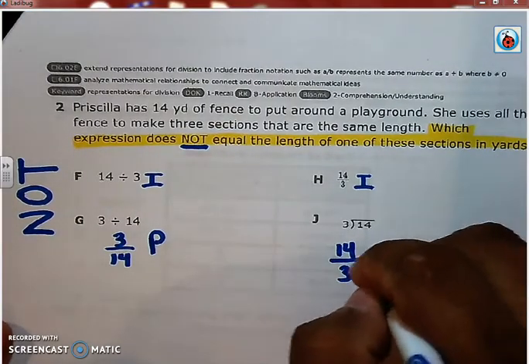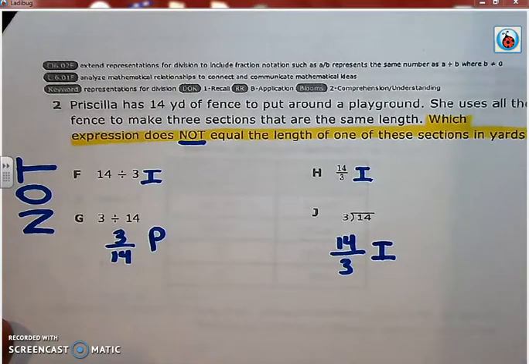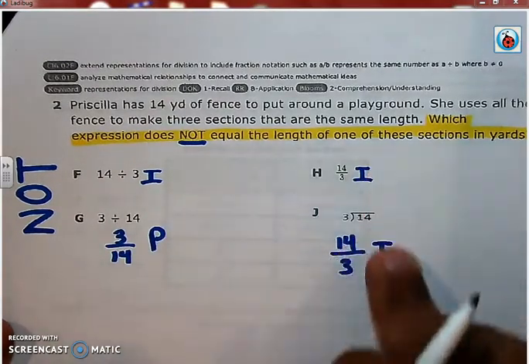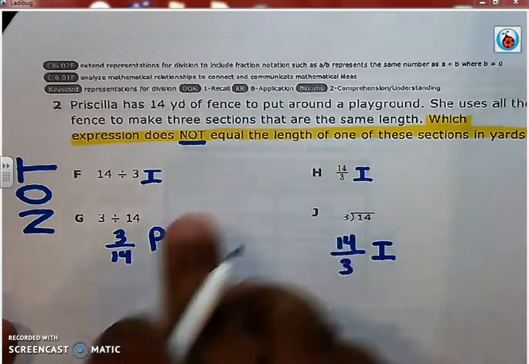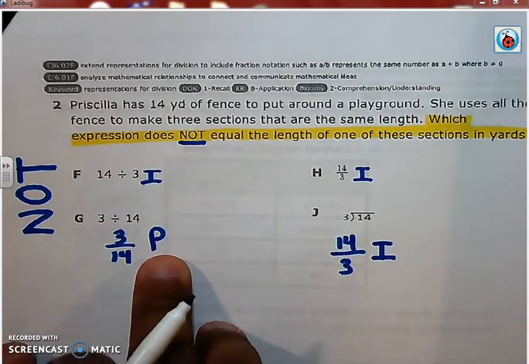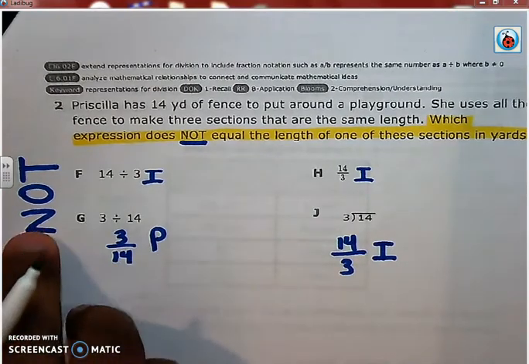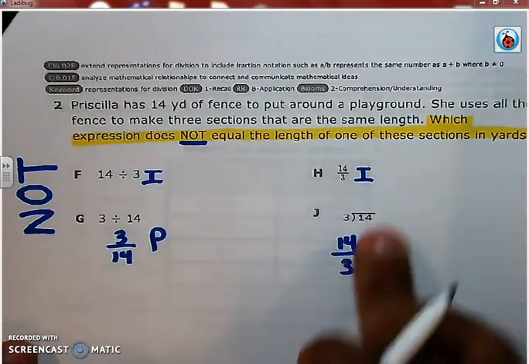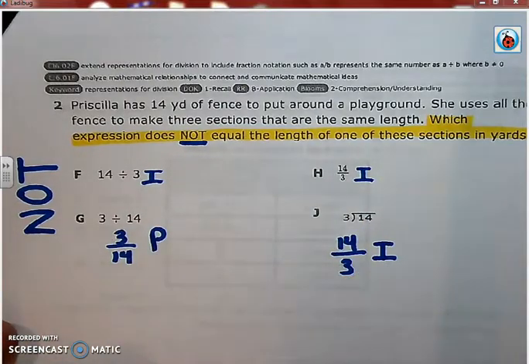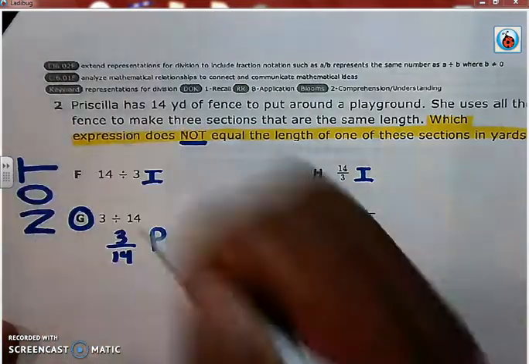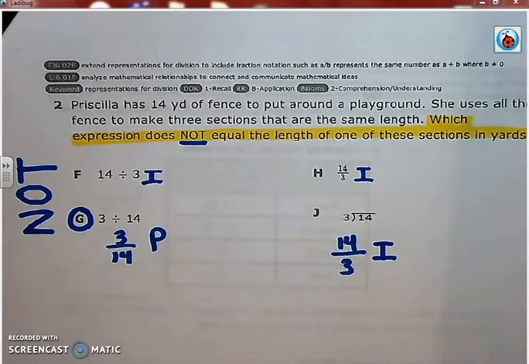That is also an improper fraction. So I end up with 3 of the answer choices being improper and one of them being proper. That's obviously the one that is not the same as the other 3. So we have answer choice G for number 2.